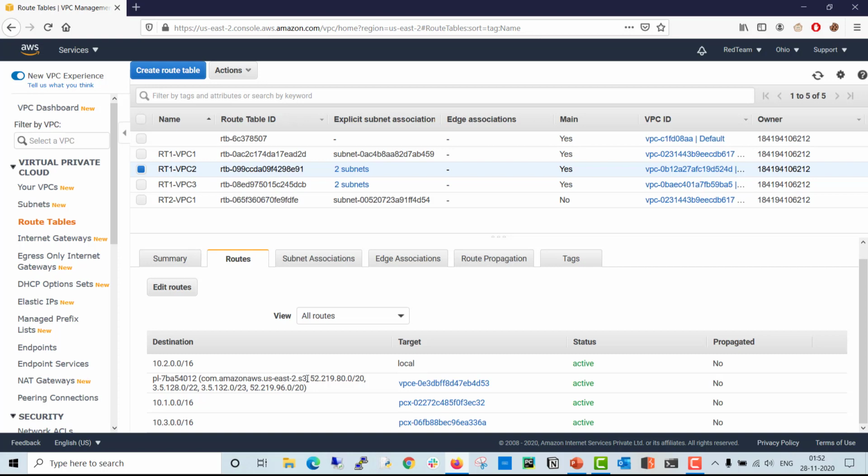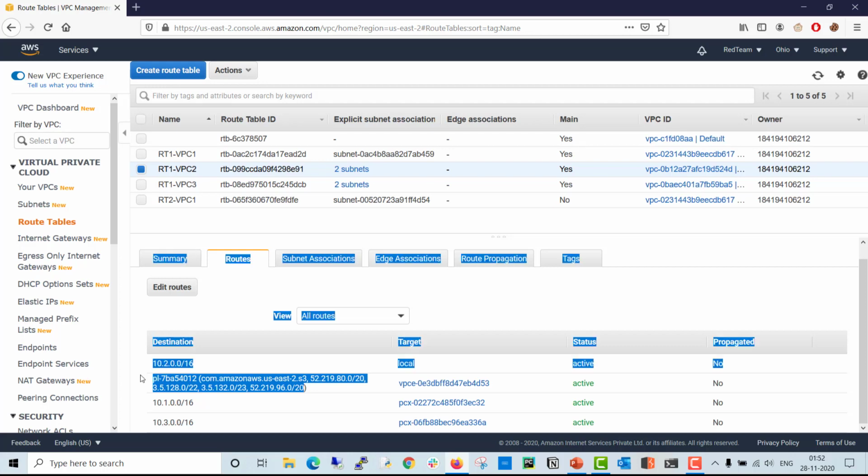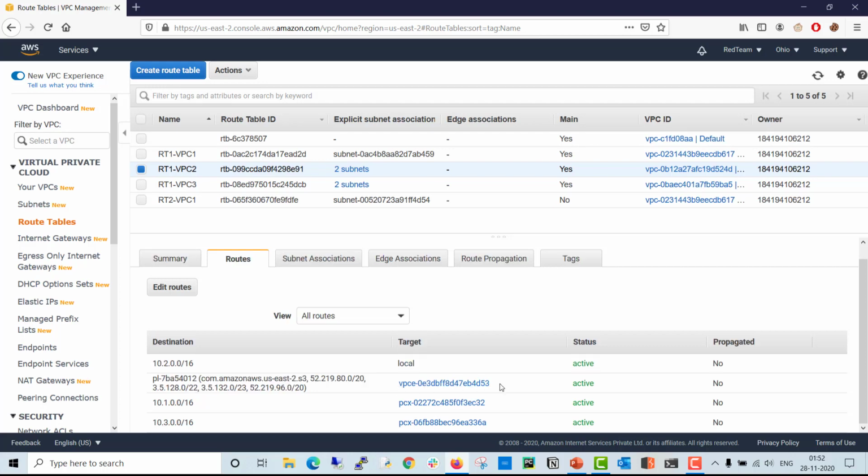Suppose you want to access the S3 bucket within this region, for example the S3 service endpoint for US East on amazonaws.com; you can access it. There is no NAT gateway, VPN or internet gateway attached here, but still you can access these IPs. You can still access the S3 service using this VPC endpoint.